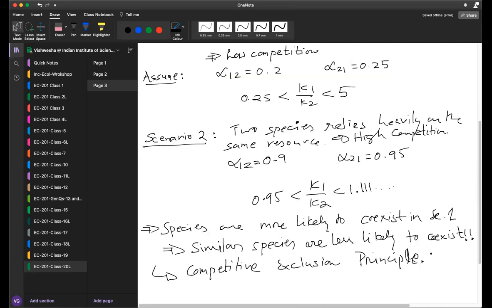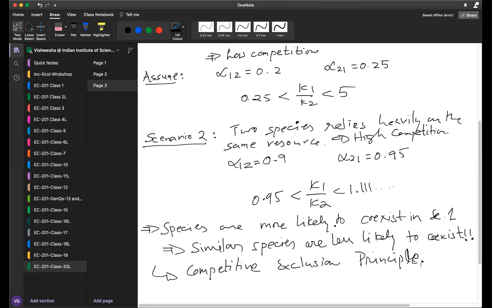Like similar species are more likely to coexist than two random species, which might have different carrying capacity. Similar species are more likely to, say that again, sorry. So here K1 and K2, we need the ratio to be approximately 1. Yeah. So isn't it the other way, like similar species are more likely to coexist, which have similar carrying capacity?